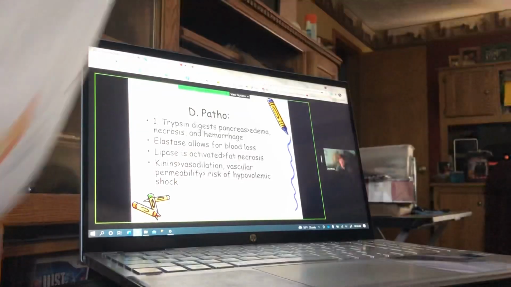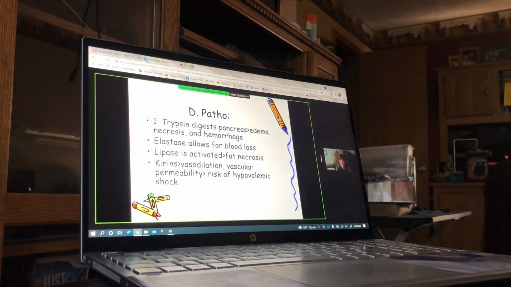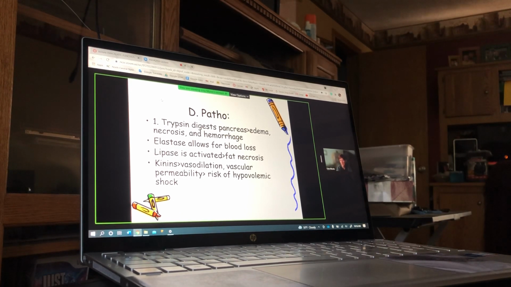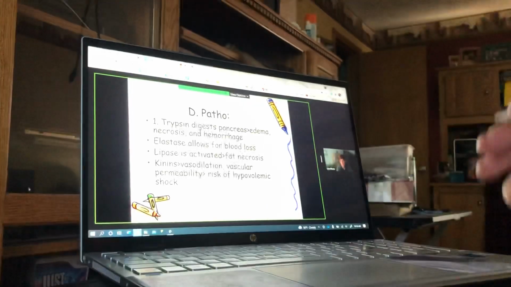But progressively, the patient can become worse. So I give you the worst case things that can happen, but generally 75% of them are mild and they have pain, just need to be NPO for a while, give that gut a rest, let us resolve their gallstones, let us resolve the other issues that are causing it, and then the pancreatitis should resolve on its own.